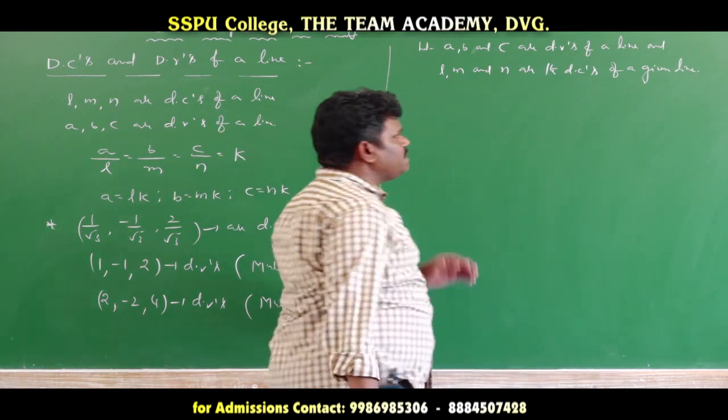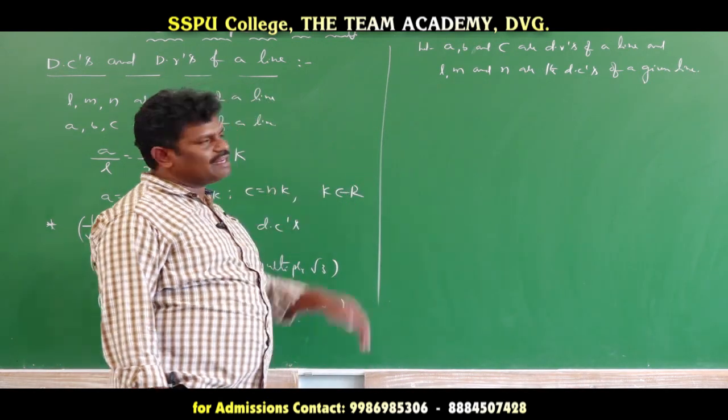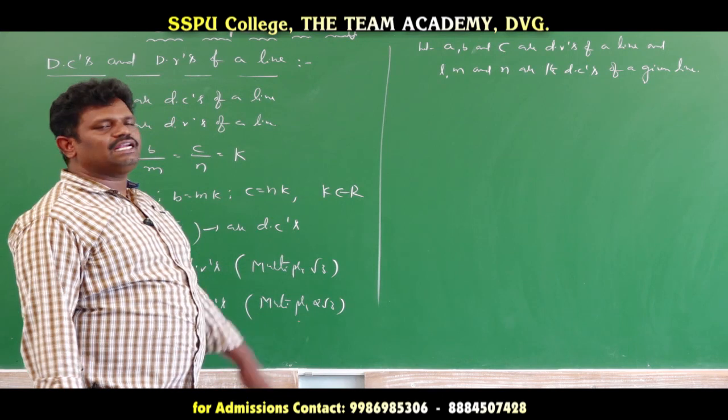So first we take three direction ratios of a given line and relate them with the direction cosines.